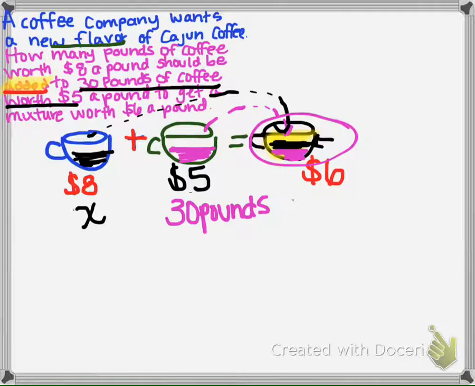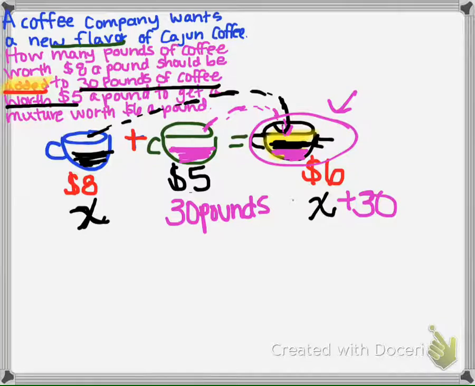So if we take the X here, whatever amount we put in here, and we add it to the amount that we put in here, which they told us was 30, that would represent how many pounds of coffee are in this blend.